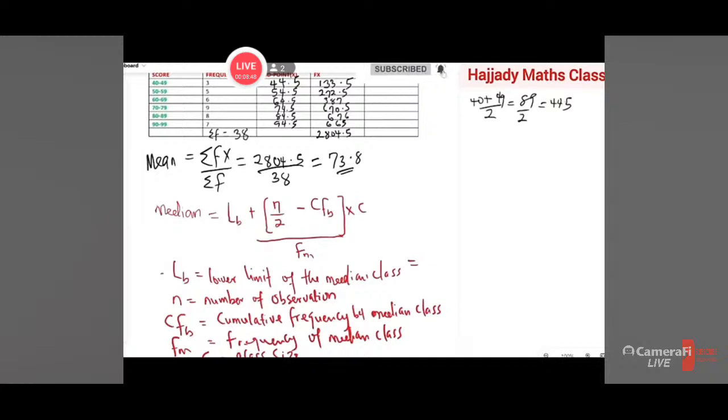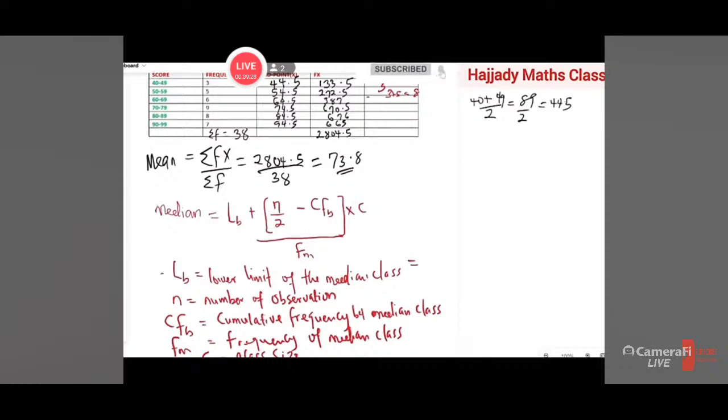So let's calculate our cumulative frequency first. Our cumulative frequency means addition of the subsequent frequencies. Here we start with 3. Next we have 3 plus 5, which is going to give us 8.